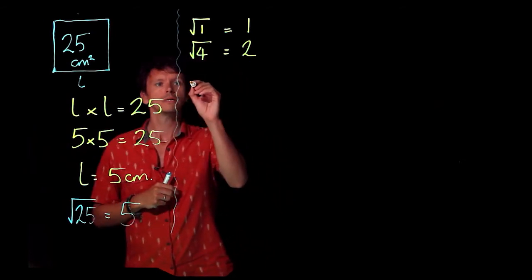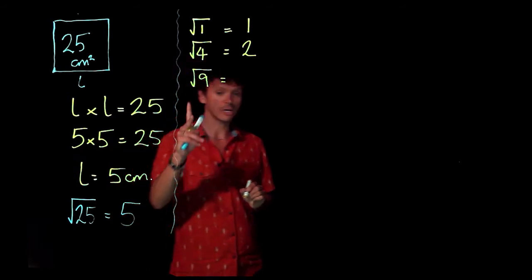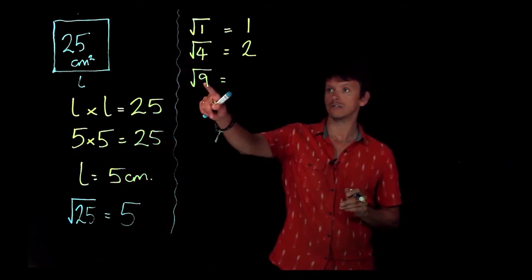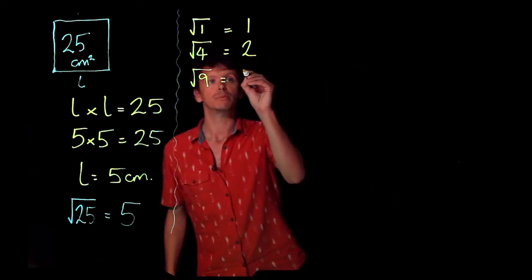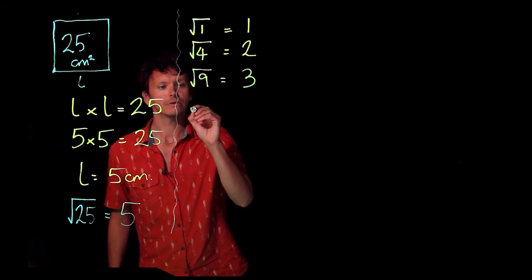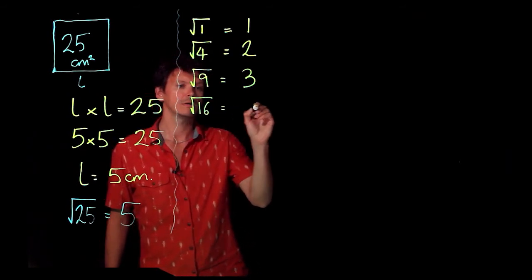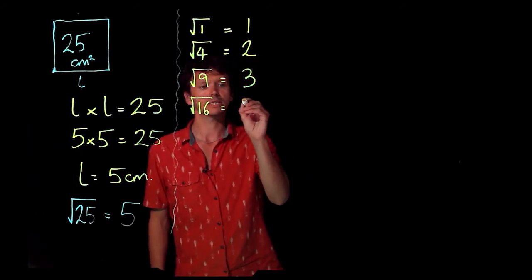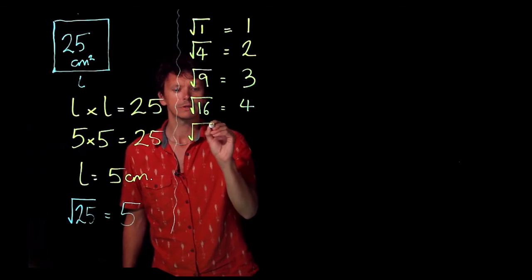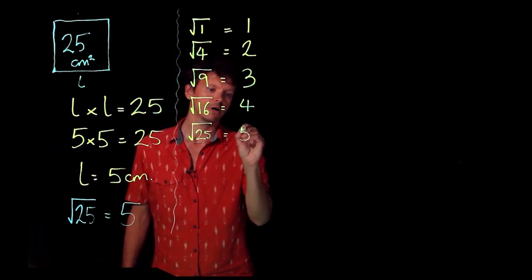I'm going to jump next to the square root of 9, which is asking us what number, if we multiplied it by itself, gives us 9. That has got to be 3. And using the same process, on we would go to say the square root of 16 is 4. The square root of 25 equals 5.